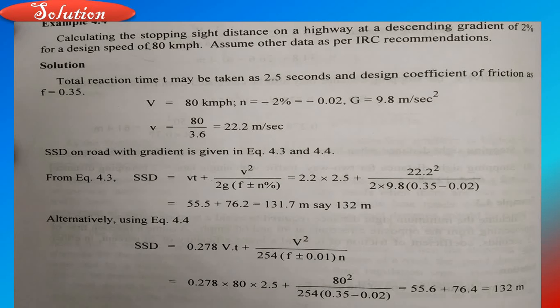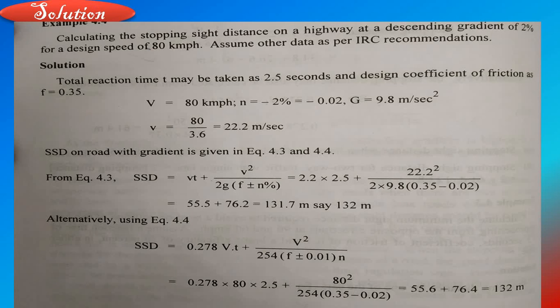0.278 into V, here V is the design speed given in the question, that is the 80 kmph value, and your t is common, that is the reaction time of the driver, 2.5, plus here V is 80 square upon 254 into f, the value is 0.35, that is the coefficient of friction, and minus, we are taking the negative value, then n value is 0.02.